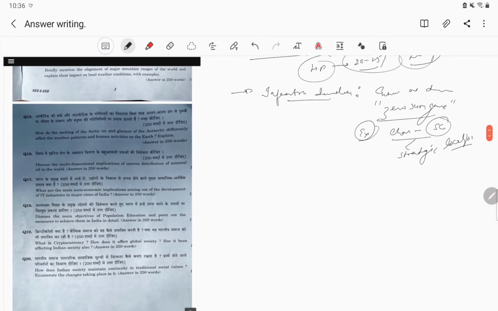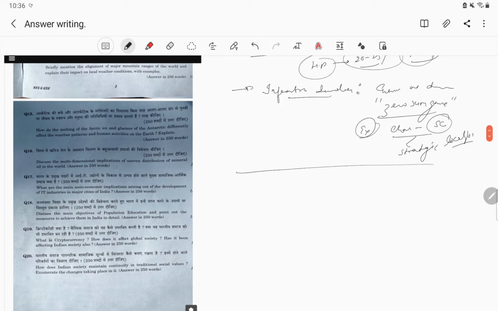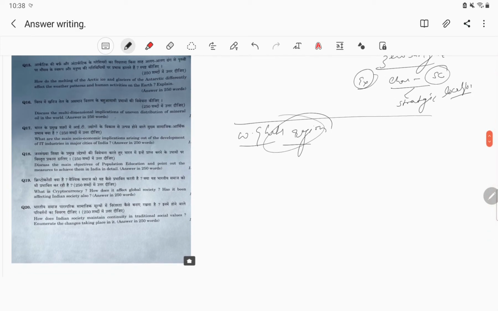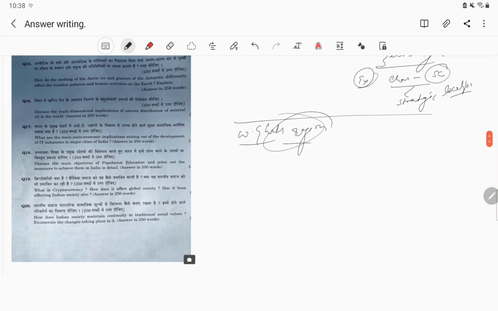Now, after talking that much, you come to the Western Ghat region. Now here you can draw a special or different map if you have, but if you provide one, that is sufficient. As compared to Himalayas, here the landmass is more or less stable because it's older landmass.